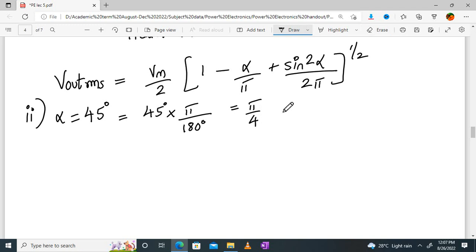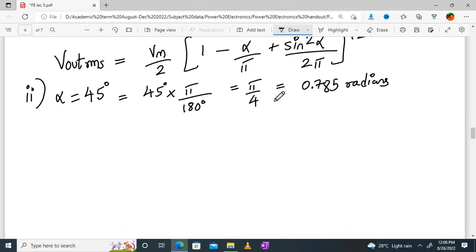What is pi by 4 in number? 45 degrees in radians is exactly pi by 4, which is 0.785 radians. Write it down. Or you can directly substitute pi by 4 in place of alpha, no problem.